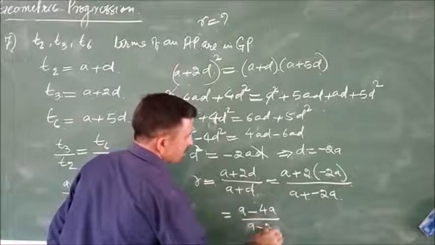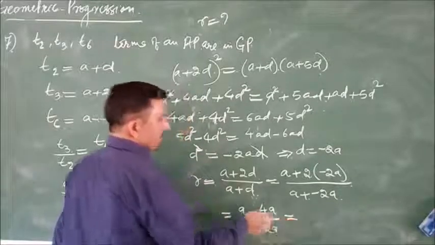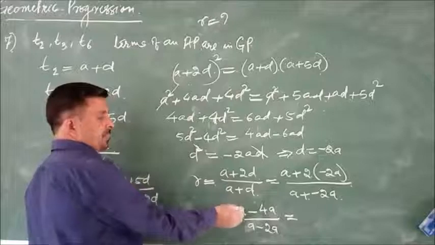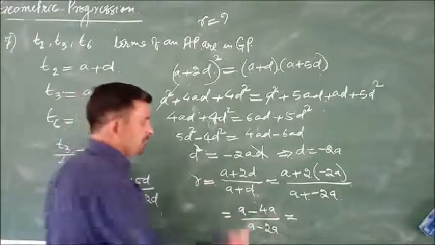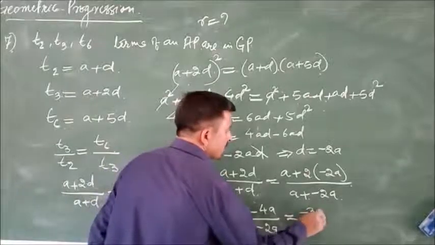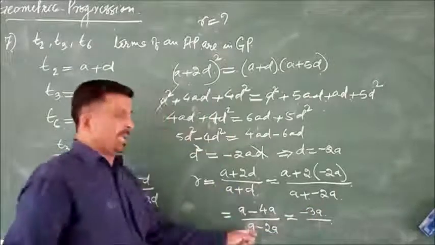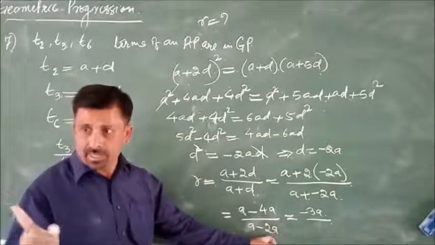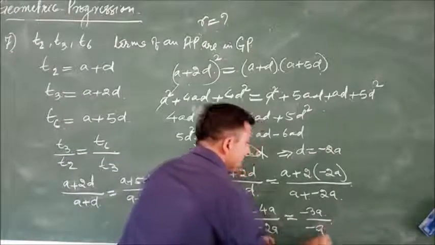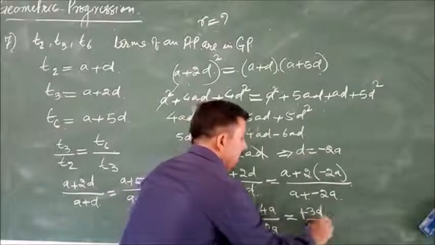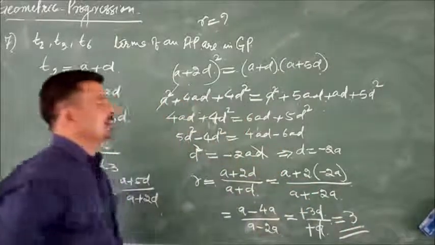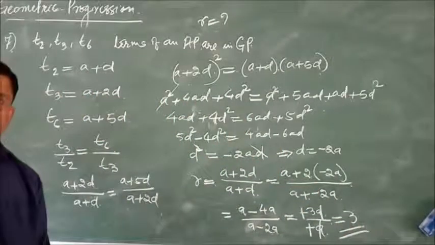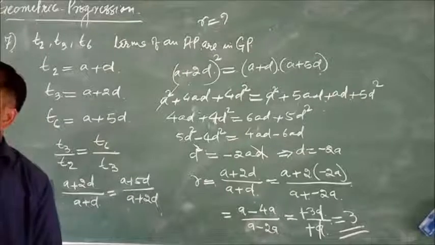And this is again a like term, A minus 4A. So we get minus 3A divided by A minus 2A, that is minus A. Minus minus cancels, A cancels. This is 3. This is your common ratio. Got it?